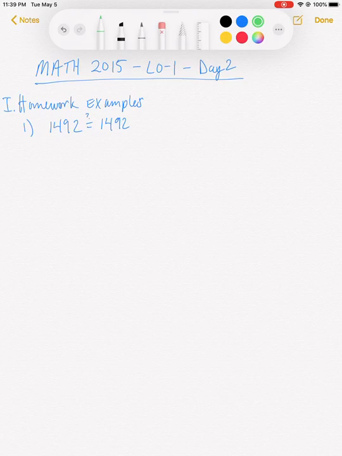And so we're going to say that it is true, of course, because, and this is what you need to do on your homework, say why it is true. Because it is a little bit trivial, the answer is also a little bit trivial. It's true because 1492 is the same as 1492.